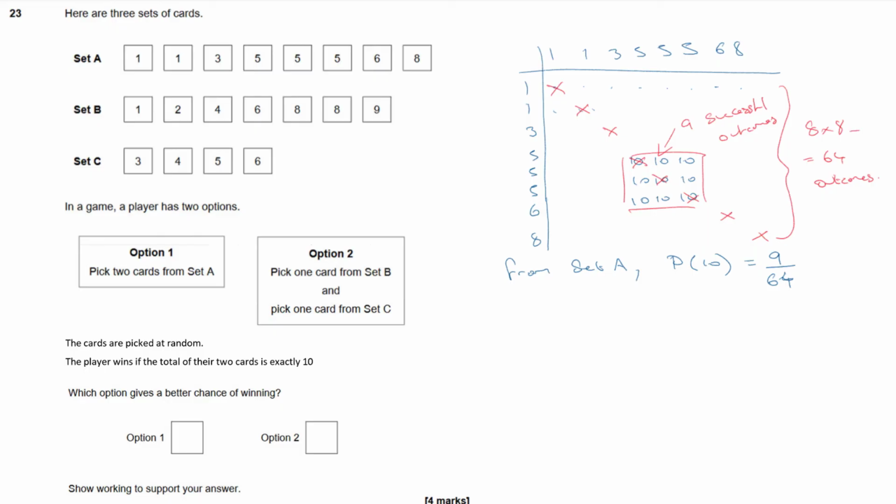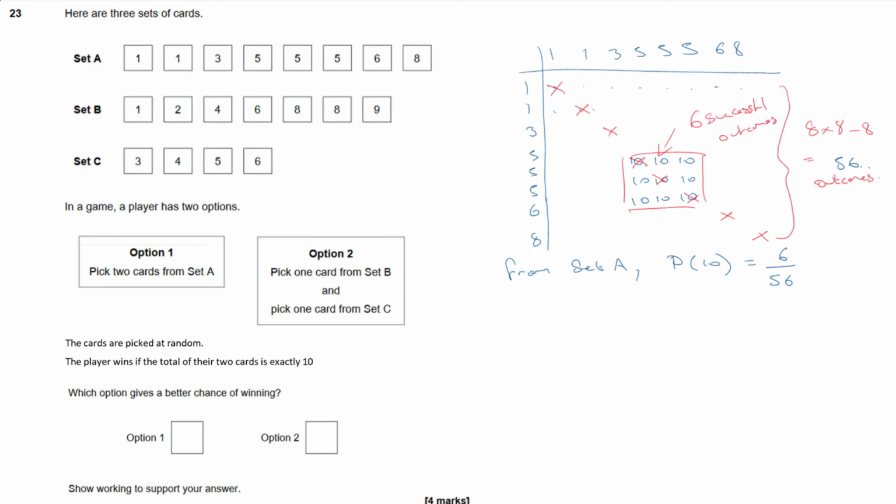It's actually minus 8 there, which is actually 56 outcomes and not 64 as I first said. So I'm going to change that to 56. And it doesn't have 9 successful outcomes because I can't have those 3 in the middle. So it's actually 6 successful outcomes there. Sorry, my mistake. I just kind of thought about that after I was halfway through the problem. So that's going to be 6 out of 56 there.